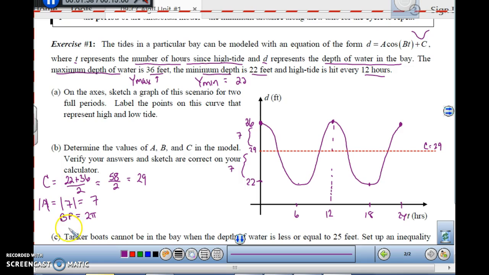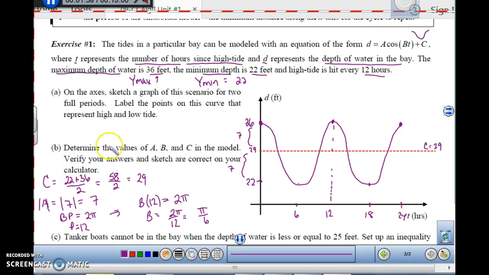So P is going to equal 12. So if P is equal to 12 and we solve this, we get B times 12 equals 2 pi. Solving this for B, we get B is equal to 2 pi over 12, which is pi over 6. Okay, so now we know what A, B, and C are.